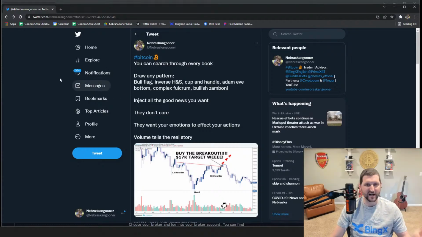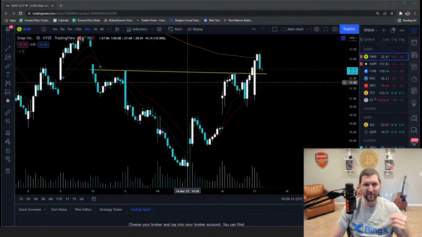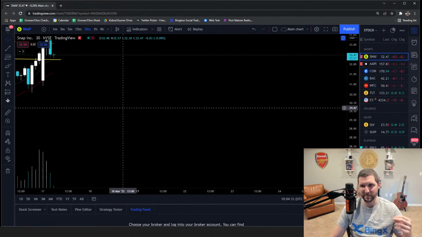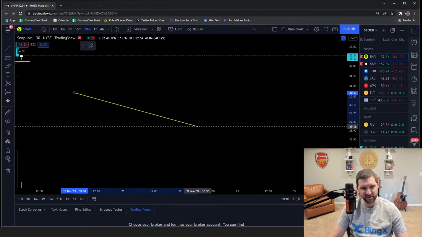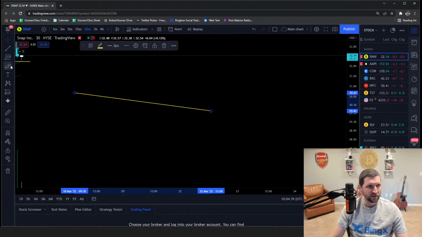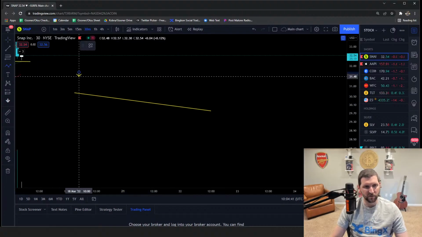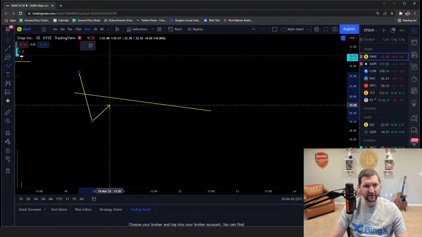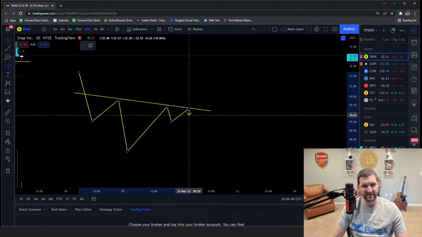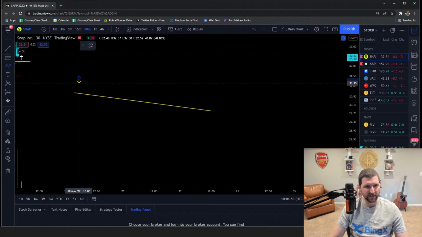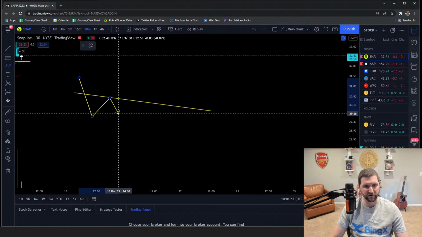Also, you guys, I didn't talk about it. I don't really trade them, but there are complex head and shoulders patterns, which I don't trade. We're not going to get too much into them, but just so you know. So we'll do an inverse head and shoulders here. You've got a left shoulder, a head, a right shoulder, and it's kind of like a double. I don't even ever trade these.